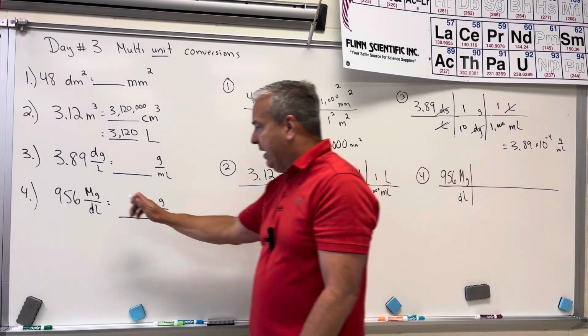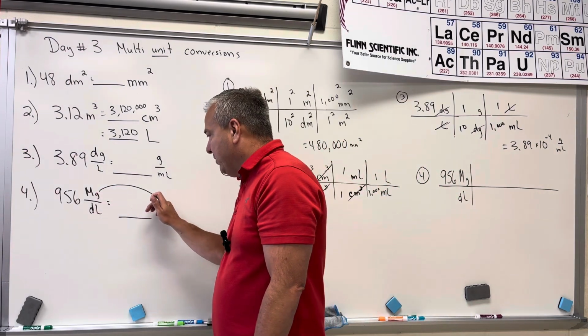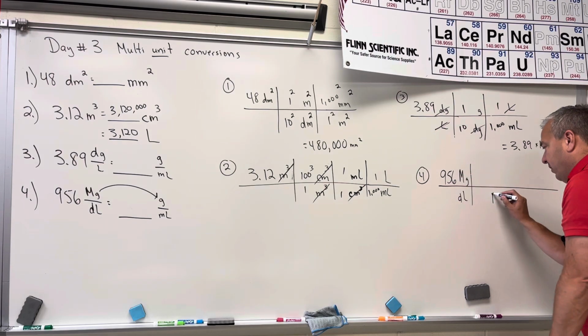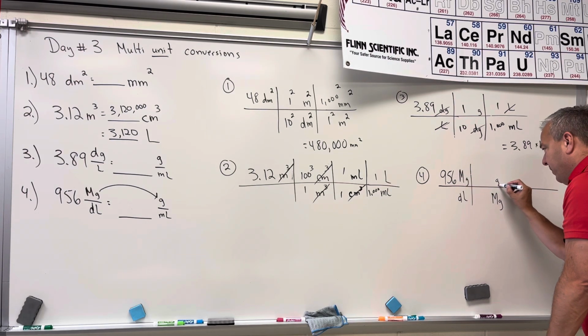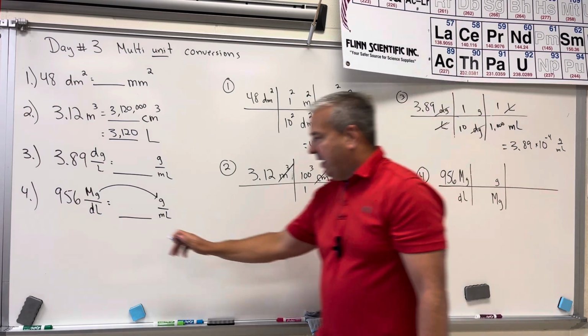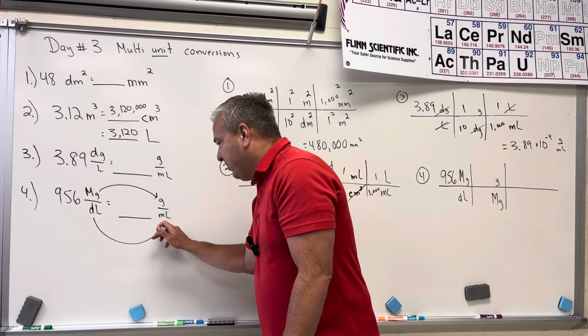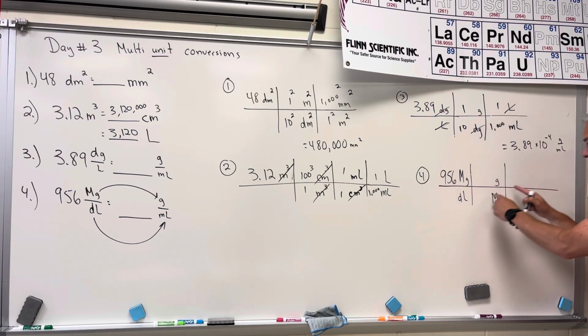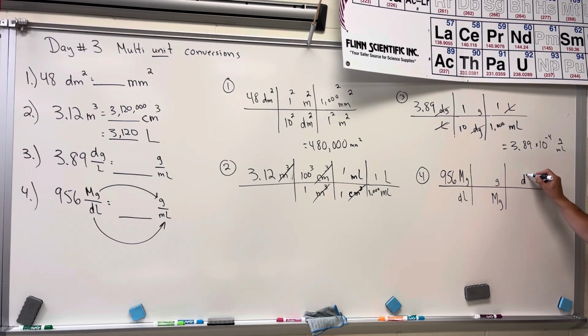And all I'm going to do is take care of one unit at a time. So I'm going to do megagrams to grams first, and then deciliter to milliliter. Deciliters is on the bottom, so I've got to bring it to the top. And the only thing I can change deciliters to is the base unit of liters.